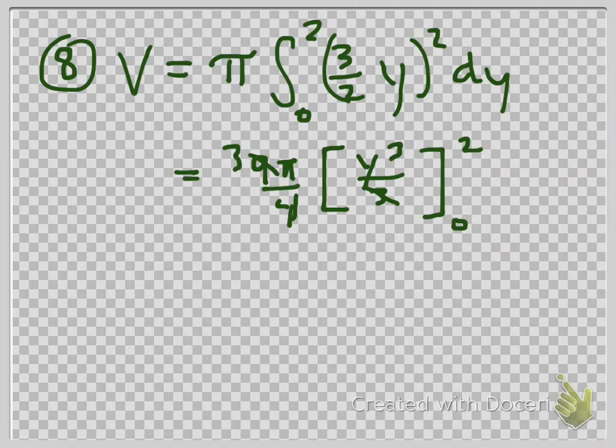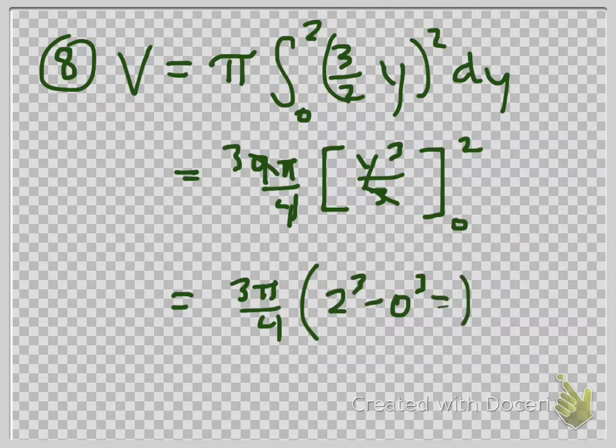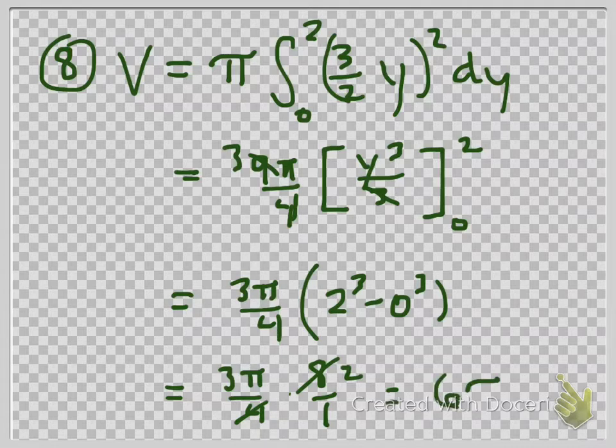So then that gives me 3 pi over 4 times (2 cubed minus 0 cubed), which is equal to 3 pi over 4 times 8 over 1, which is 6 pi.